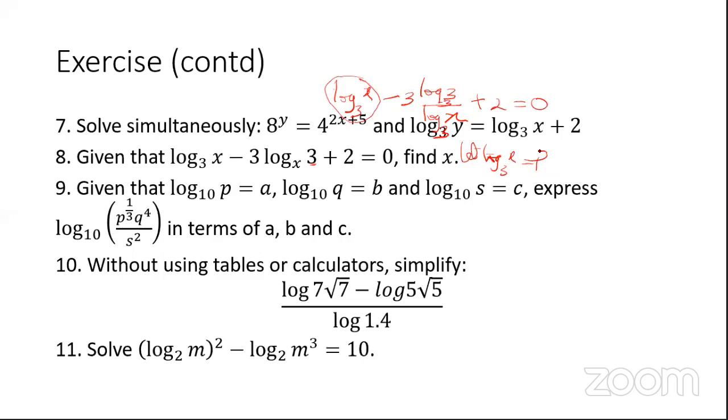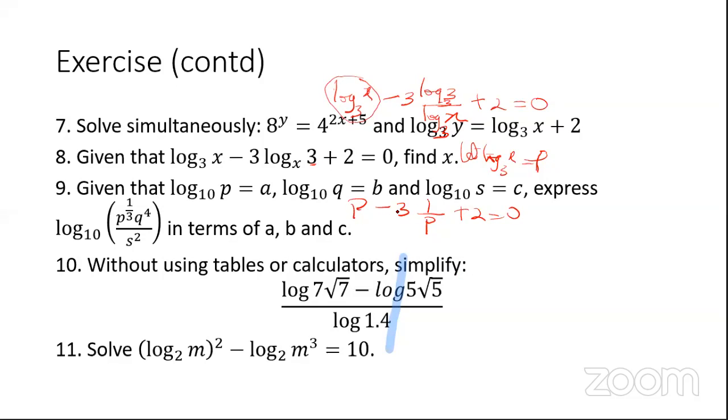Anywhere I see logarithm of x to base 3, I will change it to p. So I'm going to have p minus 3, and log 3 base 3 is still going to give me 1 over log of x to base 3, which is p. I have p plus 2 equals 0.